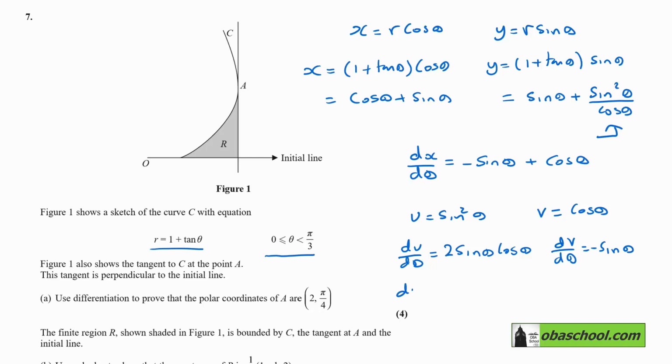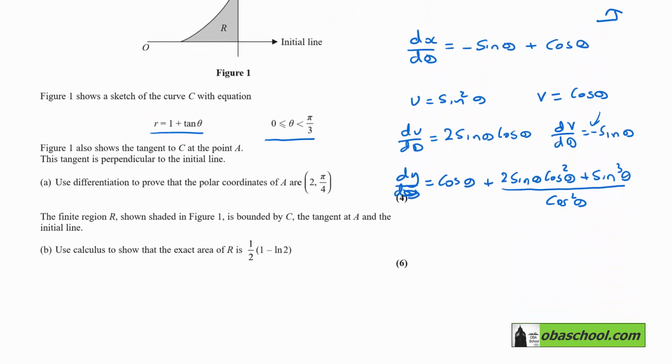So dy d theta is going to be, well, differentiating the sine just gives us cos theta. Then we've got the quotient. So it's going to be v du d theta, so that's 2 sine theta cos squared theta. Take away u dv d theta, and with the negative just there, that's going to make it into a plus. So it'll be plus sine cubed theta all over v squared, so that's going to be cos squared theta.